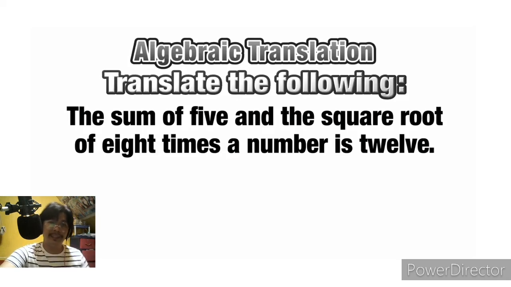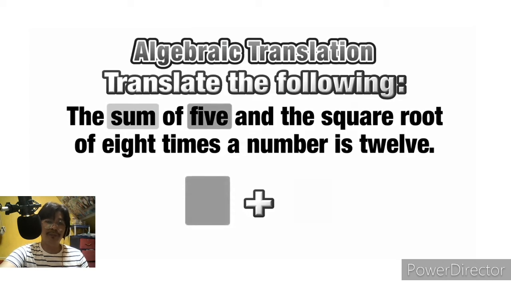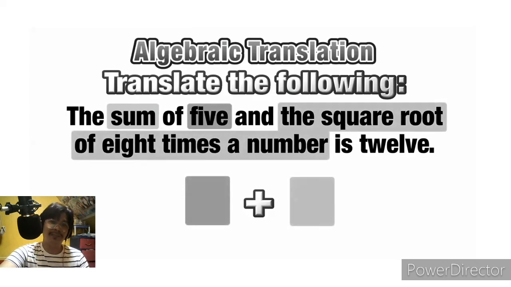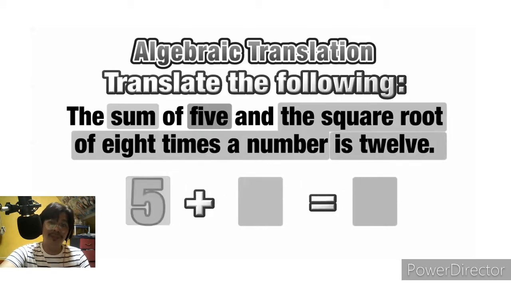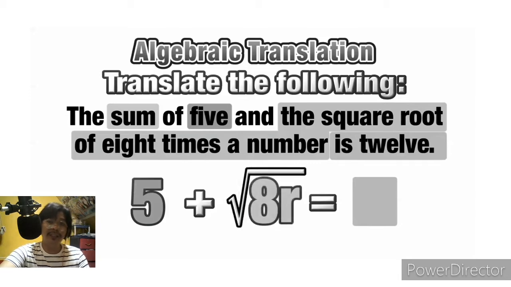The sum of 5 and the square root of 8 times a number is 12. Since we have the word sum, we have plus, which is 5, and the square root of 8 times a number is 12. The word "is" is equal. The square root is the square root sign, which is 8 times a number, so we have 8r.